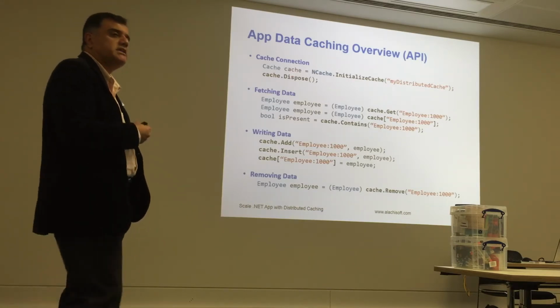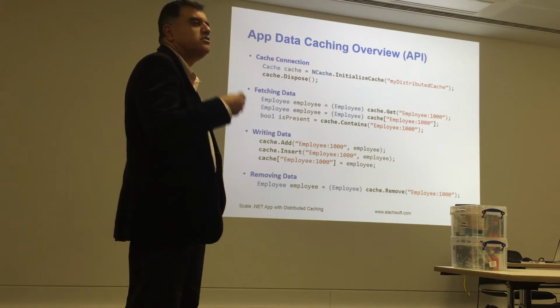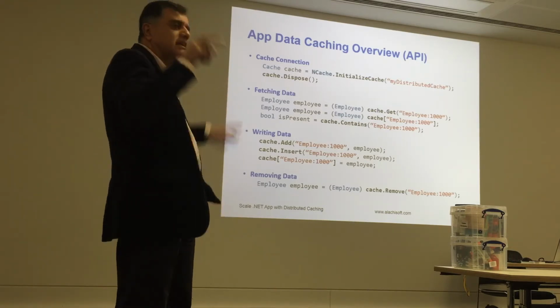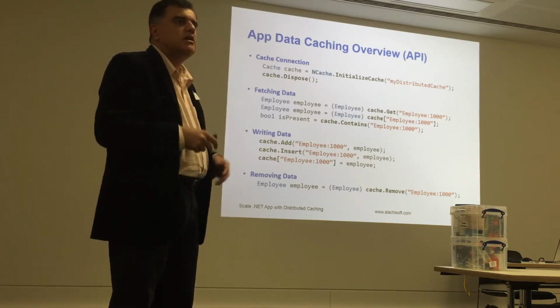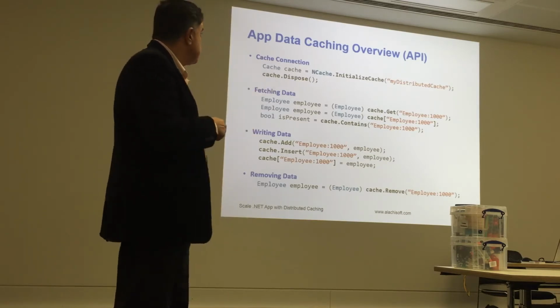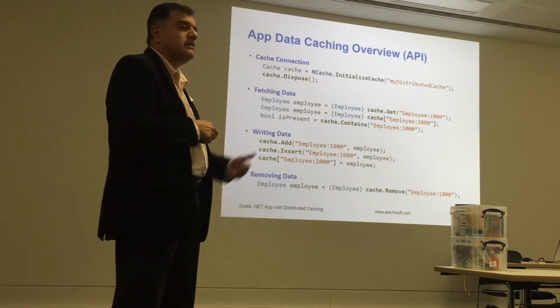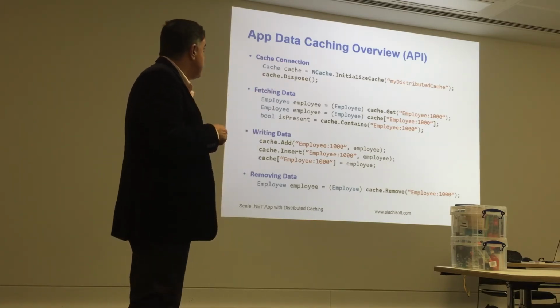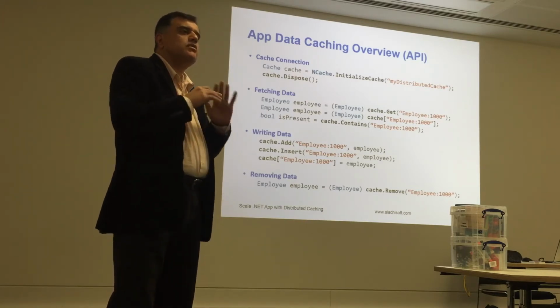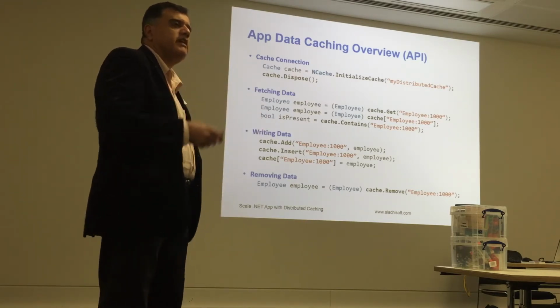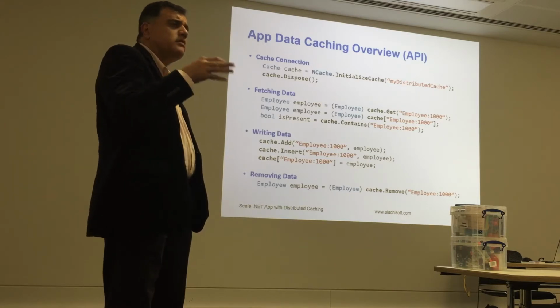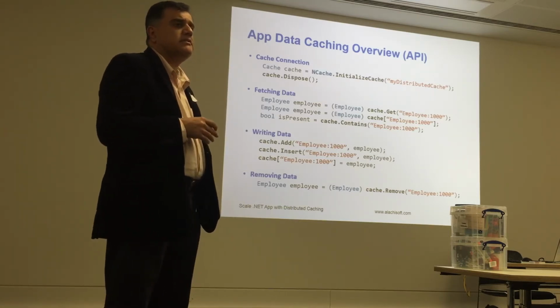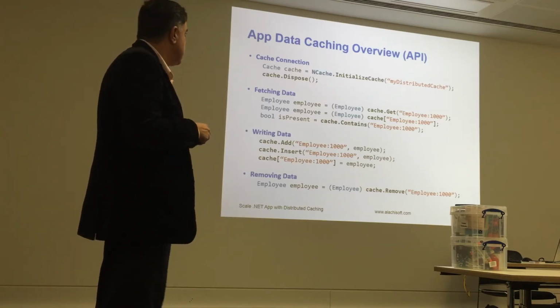So you keep that cache handle throughout your application, and you use that. At the end of the application, when you're done using the cache, you call cache.dispose, and that disconnects you from the cache. So that's how you're always connected, and you get there very, very fast. The typical performance is sub-millisecond, so it's very fast.